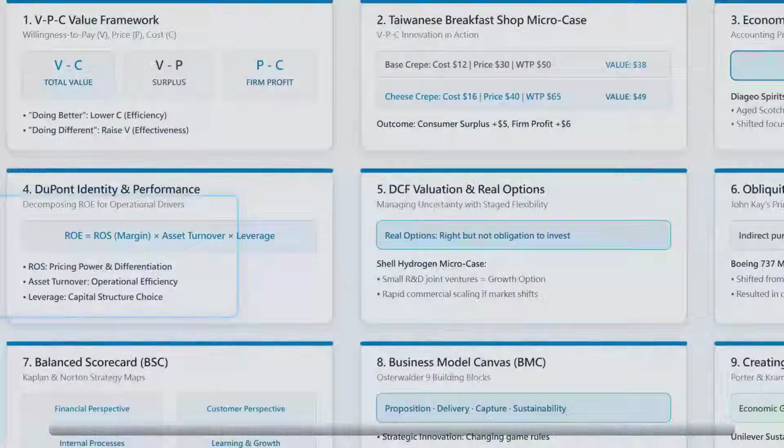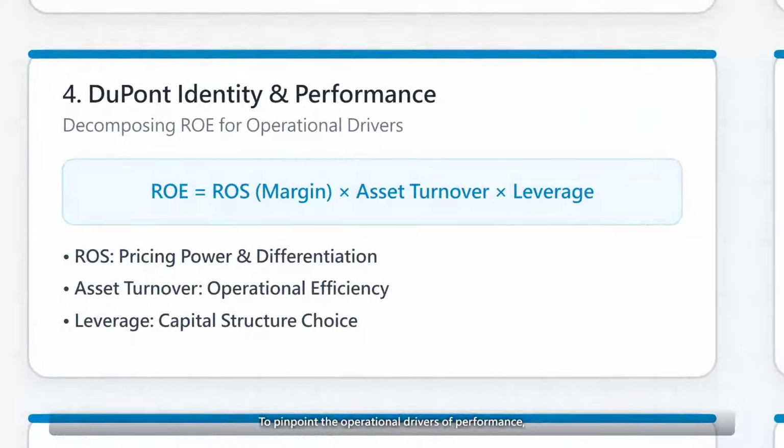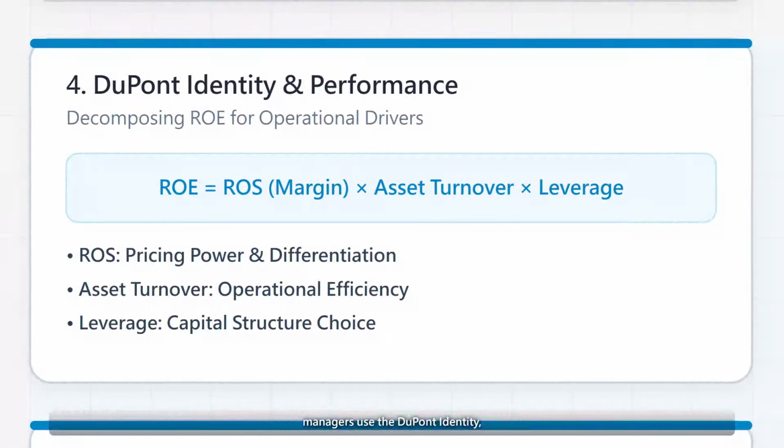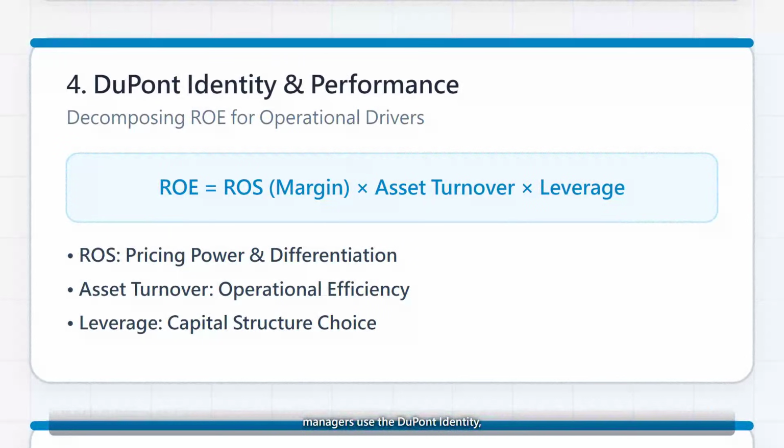To pinpoint the operational drivers of performance, managers use the DuPont identity, decomposing return on equity into three distinct ratios: return on sales, asset turnover, and financial leverage. Return on sales reflects pricing power and differentiation, how effectively the firm translates revenue into profit.